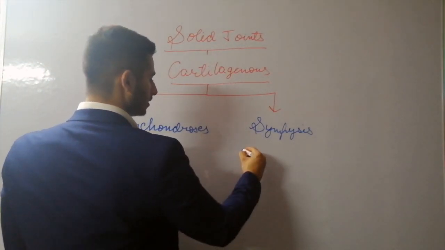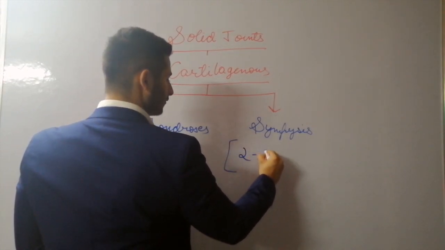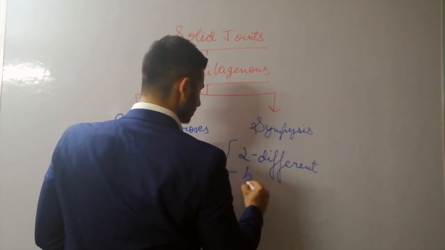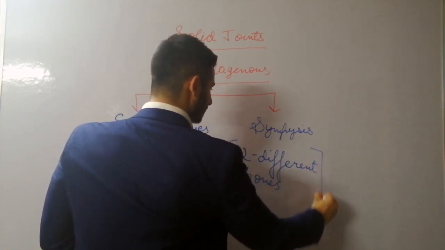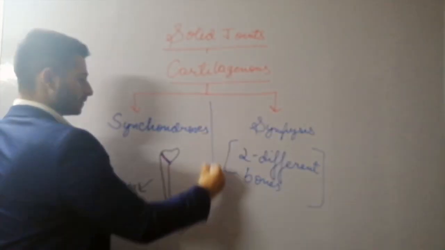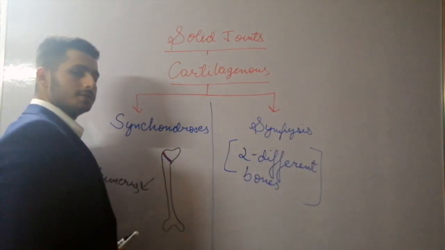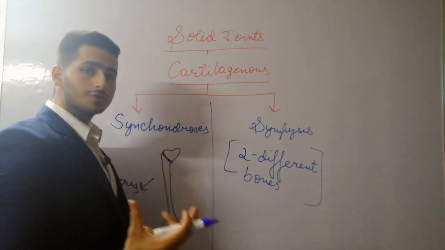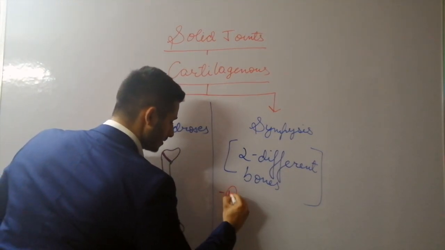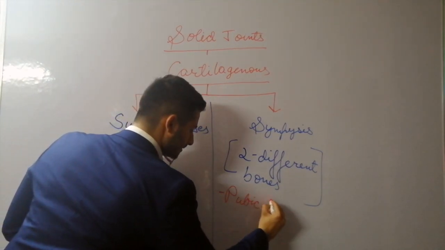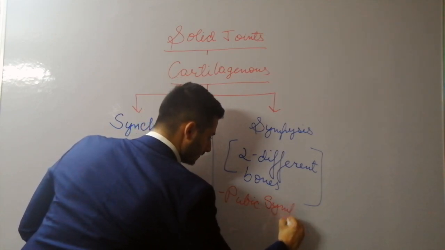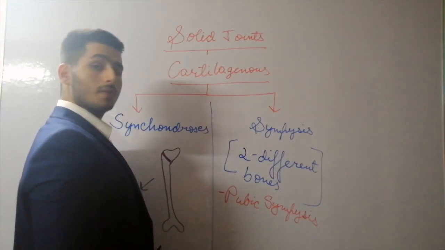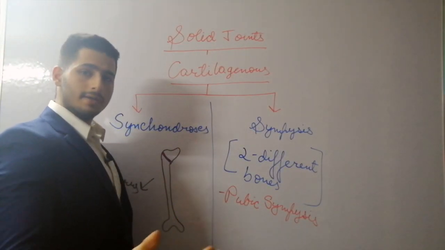Symphysis is when two different bones are separated by a cartilage. When two different bones are separated by a cartilage, it is an example of cartilaginous solid joints. Pubic symphysis is an example of symphysis. We will discuss pubic symphysis in our later videos.